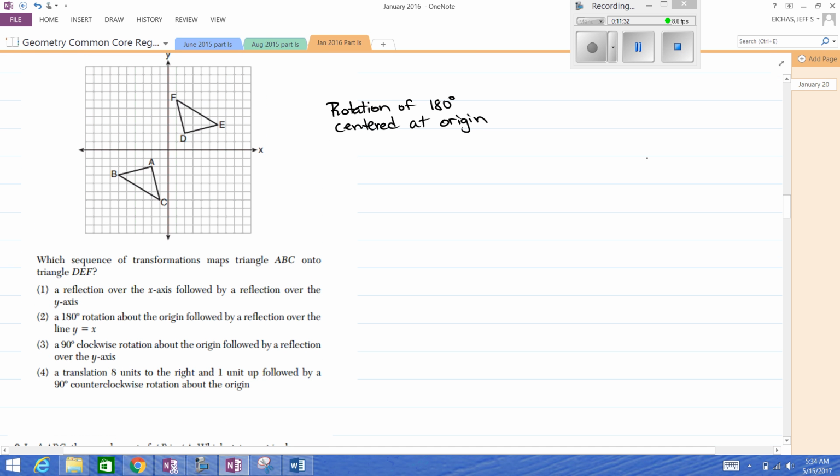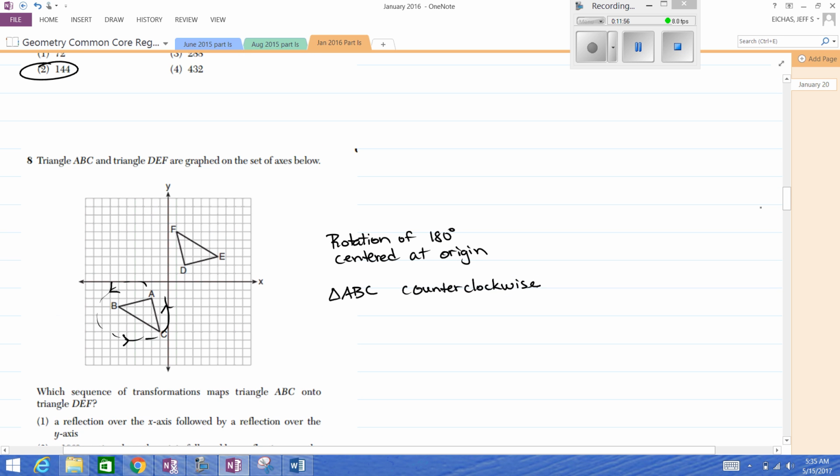One of the things I look at when I do these problems is I look at triangle ABC and its orientation. If you go from A to B to C, the letters are arranged in a counterclockwise orientation. Then you go over to the image and see if it's the same.